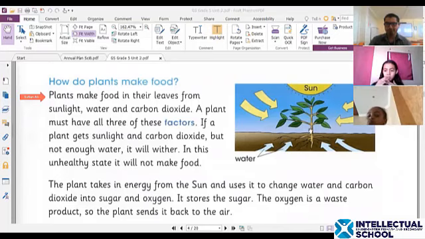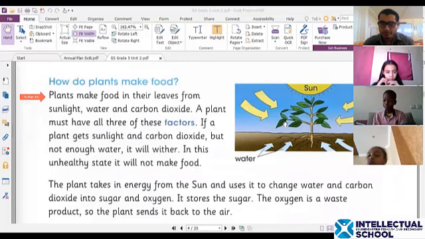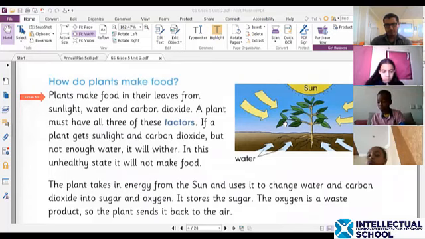How do plants make food? Plants make food in their leaves from sunlight, water, and carbon dioxide. A plant must have all three of these factors. If a plant gets sunlight and carbon dioxide, but not enough water, it will wither.